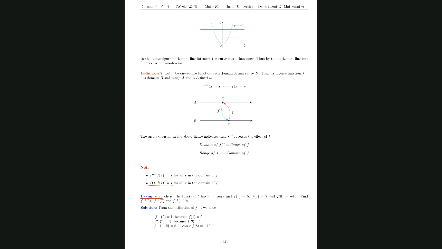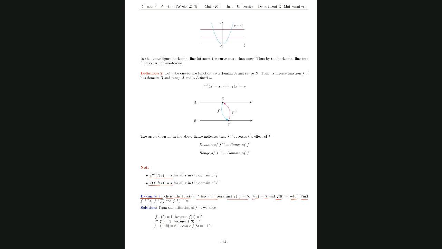Given the function f has an inverse, and f of 1 is equal to 5, f of 3 is equal to 7, f of 8 is equal to -10.